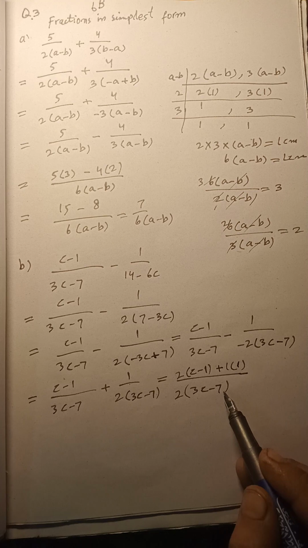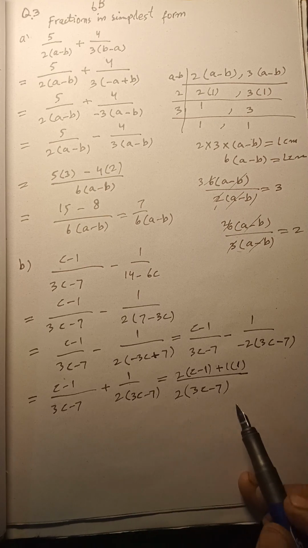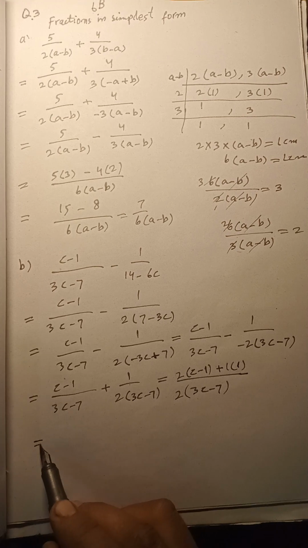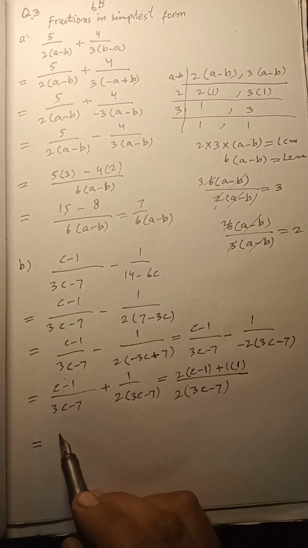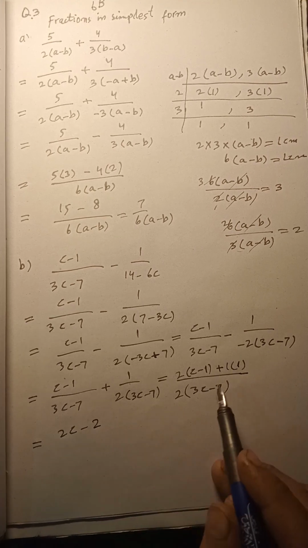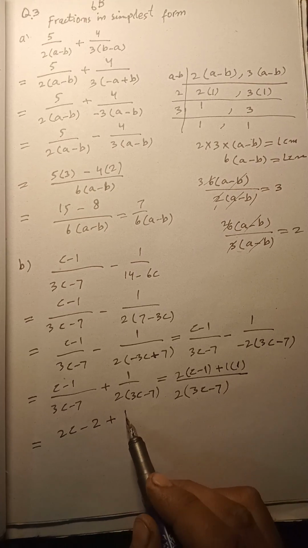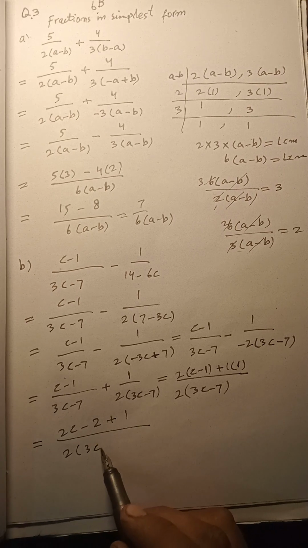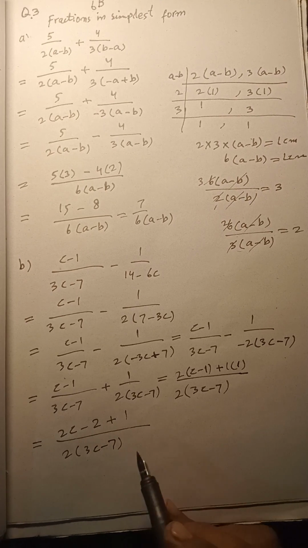This denominator when divided by this one, the answer will be 1 here. Now 2c minus 2, 1 ones are 1, so plus 1 here, and in the denominator 2 into (3c minus 7).